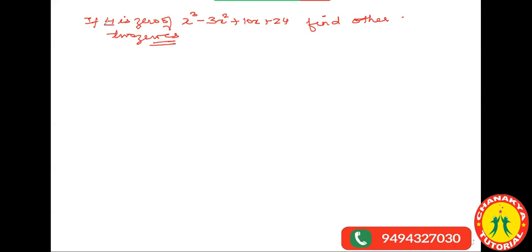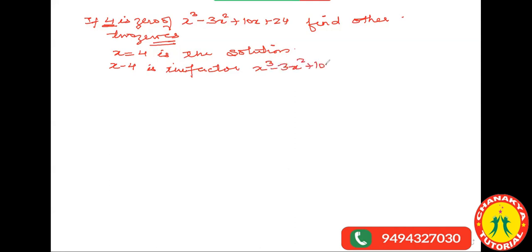So see beta, in this question, 4 is the zero of this, right? You have given 4 is the zero. That means x is equal to 4 is the solution, or you can write x minus 4 is equal to 0 is the factor of the cubic polynomial x cube minus 3x square plus 10x plus 24, right?